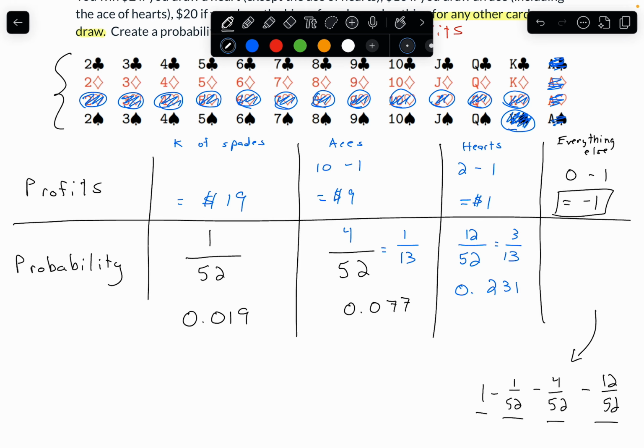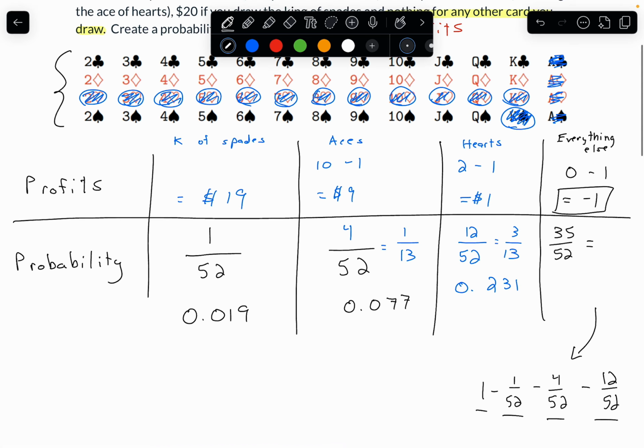So 52 minus 1 minus 4 minus 12. I should end up with 35 over 52 as that probability. If I wanted to give that as a decimal, that would look like 0.673.